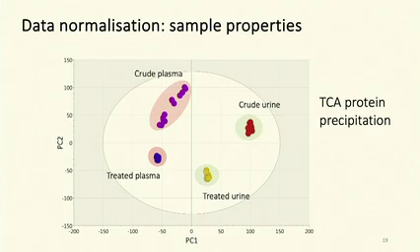Plasma, on the other hand, the reproducibility really rises when we take the proteins out of our matrix. So if you are dealing with raw, unpretreated samples, you need to be aware that there will be variation in your data, often quite substantial, introduced by the matrix effect, by the impurities that sit in your sample.